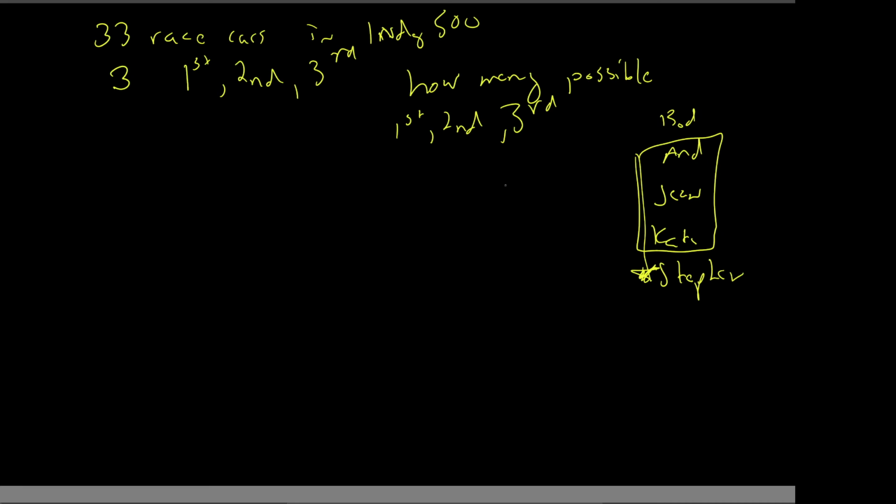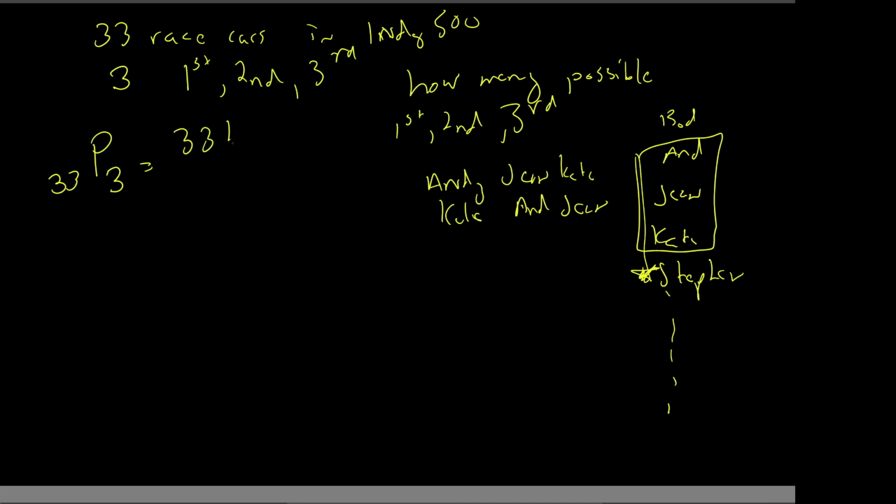And, you know, so you could have Andy first, Gene second, Kate third, or Kate first, Andy, Gene, right? These are all the different permutations we can see out of these 33 racers. And so the number of ways is going to be 33 choosing 3, or 33 factorial divided by 33 minus 3 factorial.